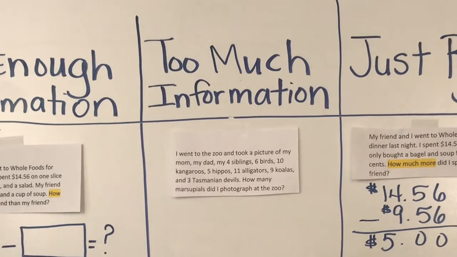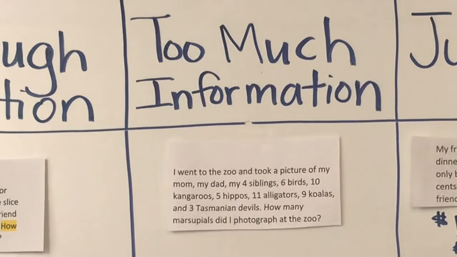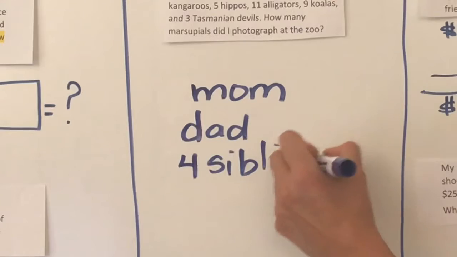Here's an example of a problem that has too much information. I went to the zoo and took a picture of my mom, my dad, my 4 siblings, 6 birds, 10 kangaroos, 5 hippos, 11 alligators, 9 koalas, and 3 Tasmanian devils. How many marsupials did I photograph at the zoo?